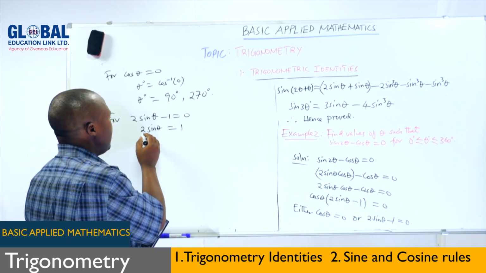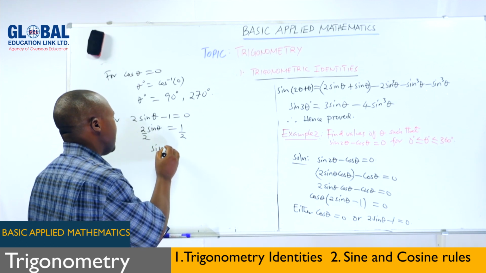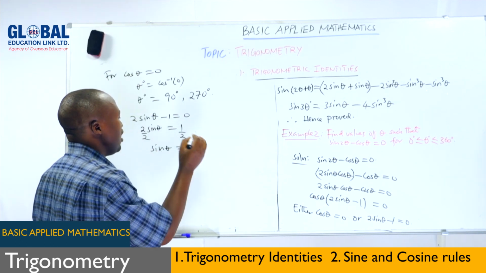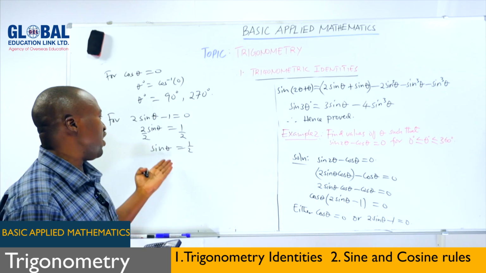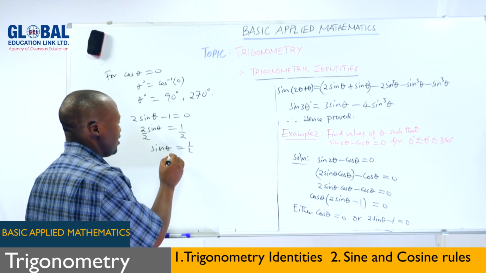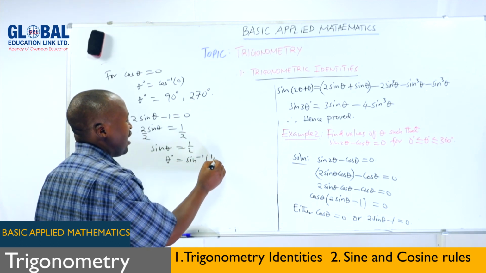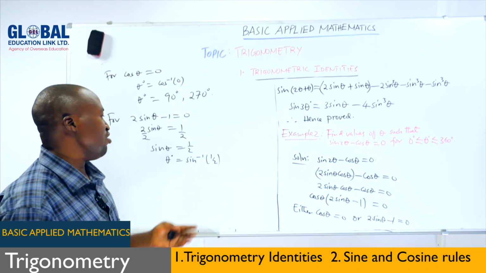Here you can divide by 2, so we have sine theta is equal to a half. But our intention is to find theta, so theta is equal to sine inverse of a half.